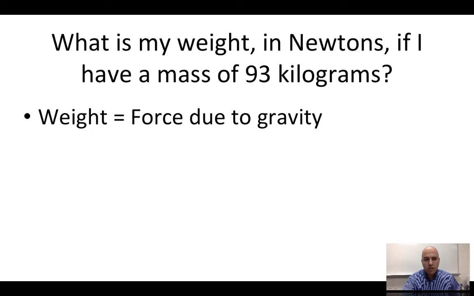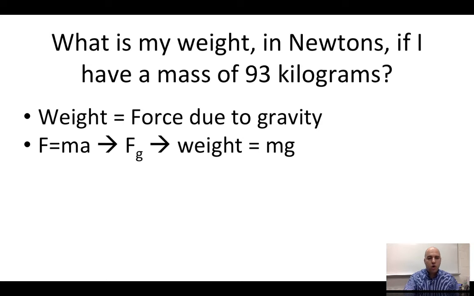Well, you guys know that weight is force due to gravity. You know that the net force acting on an object is equal to its mass times the acceleration it's undergoing. In this case, that is just F sub g, which is the force due to gravity. So the way we calculate that force, or weight, is by taking the mass in kilograms, multiplying it by the acceleration due to gravity.